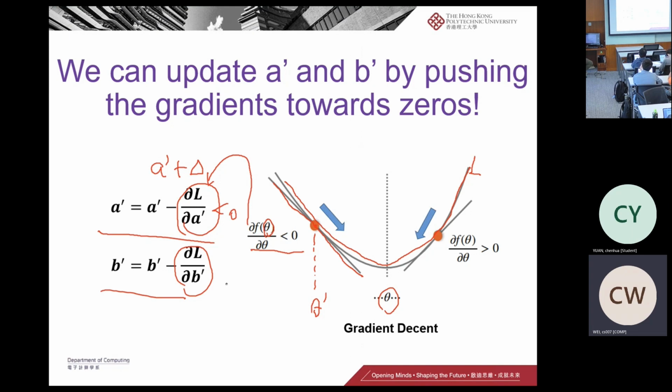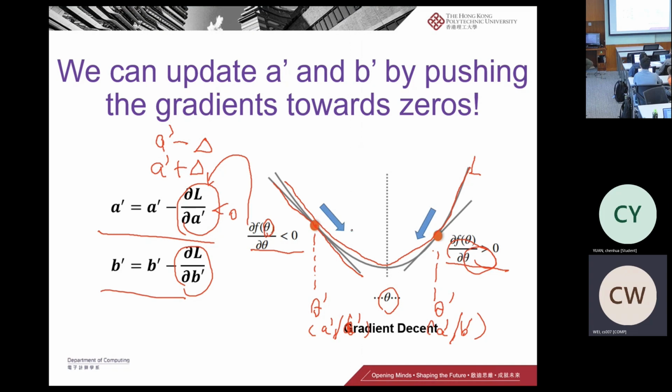And in case you are at this part where you have gradients greater than 0, again, this could be A or B, or just use one to represent two, then you will have theta prime minus some kind of shifting.